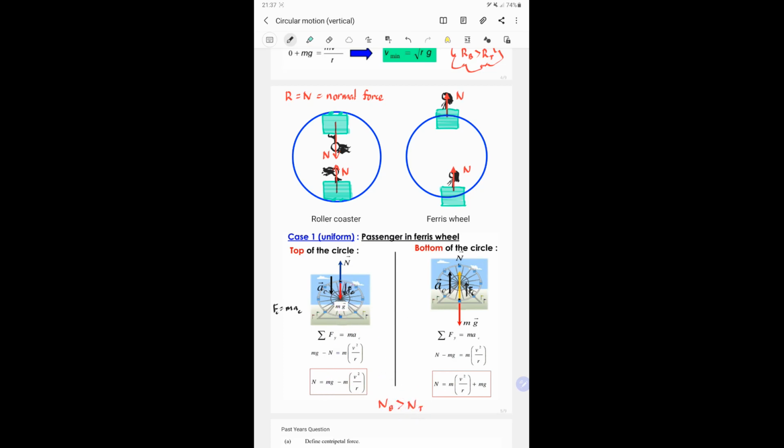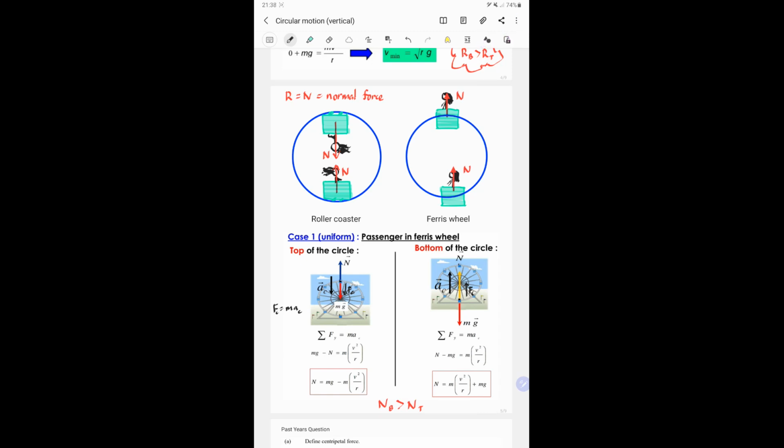Alright, so this is the way we get the equation of circular motion, for any case involving a Ferris wheel, a roller coaster, or a ball of stone attached to a string. I think you don't have to memorize all the equations. We may derive them based on the figure or a simple diagram.